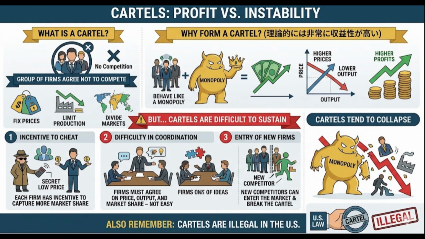Because when firms act together, they can behave like a monopoly, which means higher prices, lower output, and higher profits. So, in theory, cartels are very profitable. But here is the problem: cartels are very difficult to sustain.